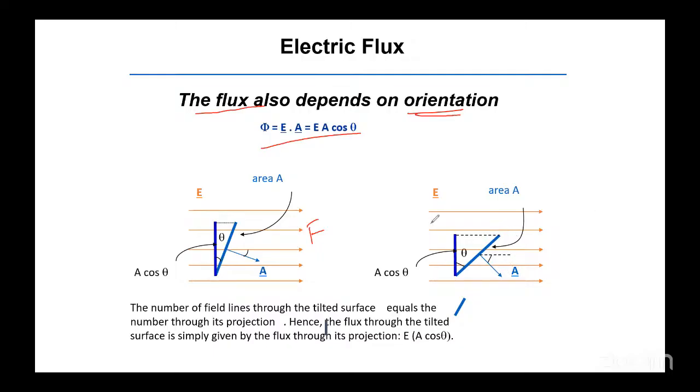The number of field lines passing through the surface area equals the number through its projection, so the flux value can be projected like this.